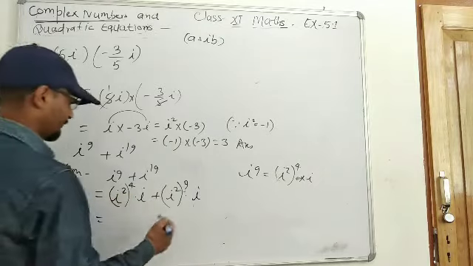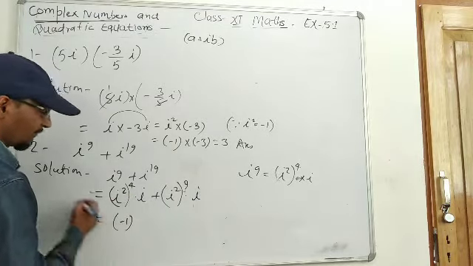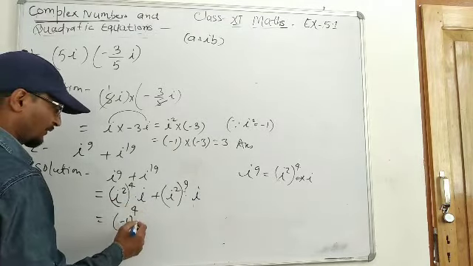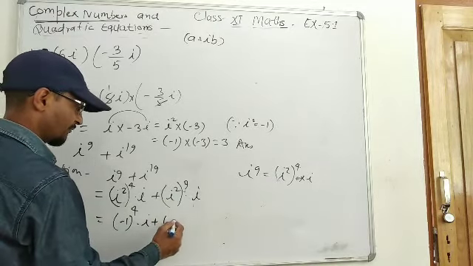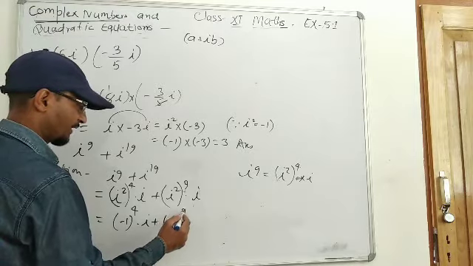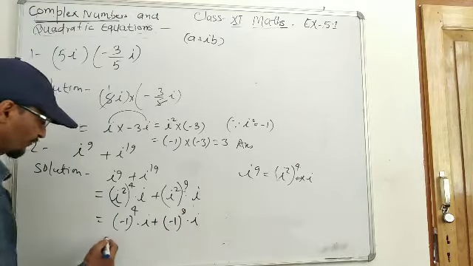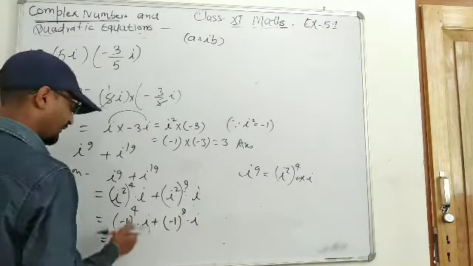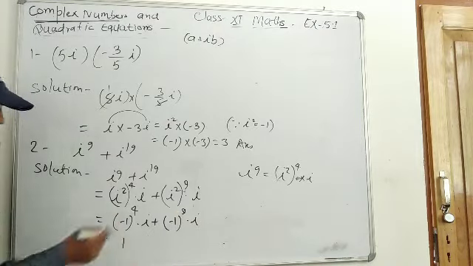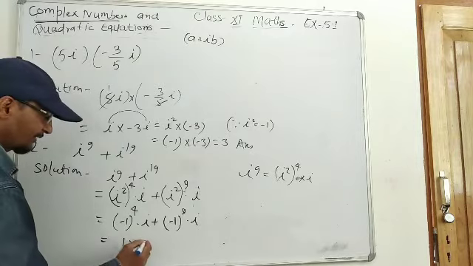Now the value of i square is minus 1, to the power 4 into i, plus it is also i square, value is minus 1 to the power 9 into i. So it is minus 1, 4 times. If a minus 1 has an even power, the answer is plus, into i.